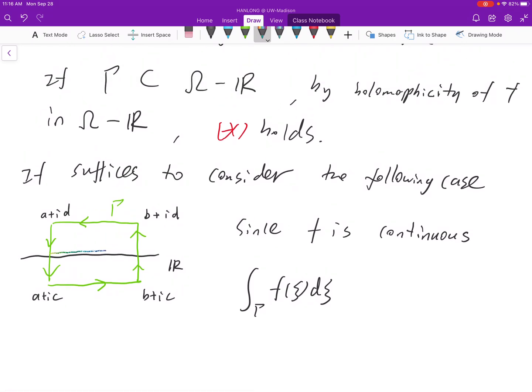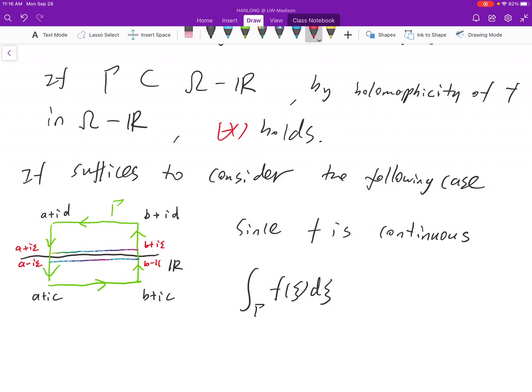You draw two horizontal lines, from a + iε to b + iε and a − iε to b − iε.